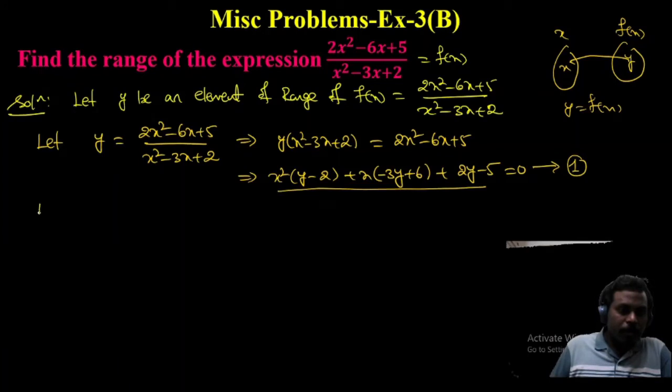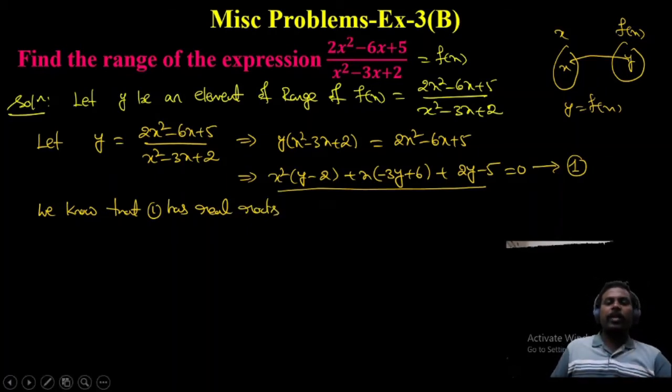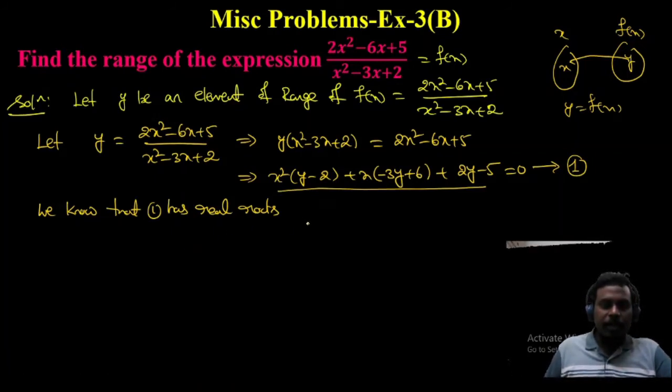We know that equation 1 has real roots. Why? Because we are actually finding the pre-image. So when does equation 1 have real roots?